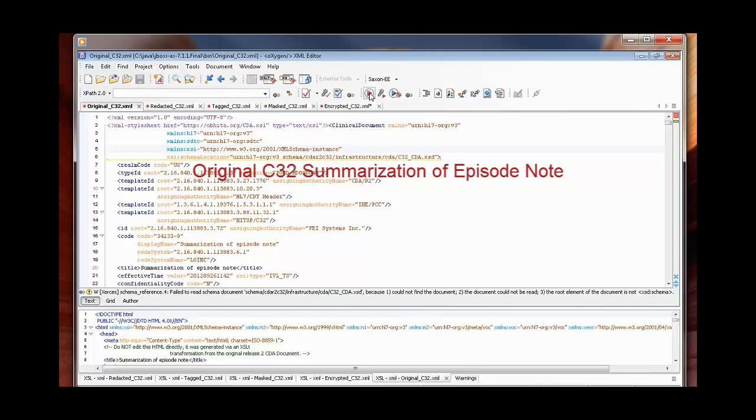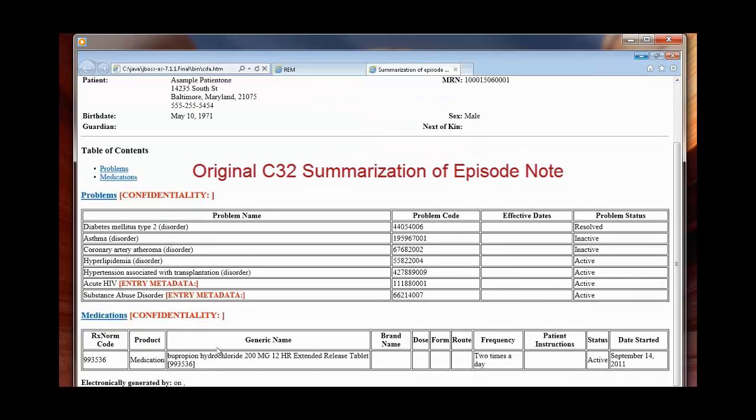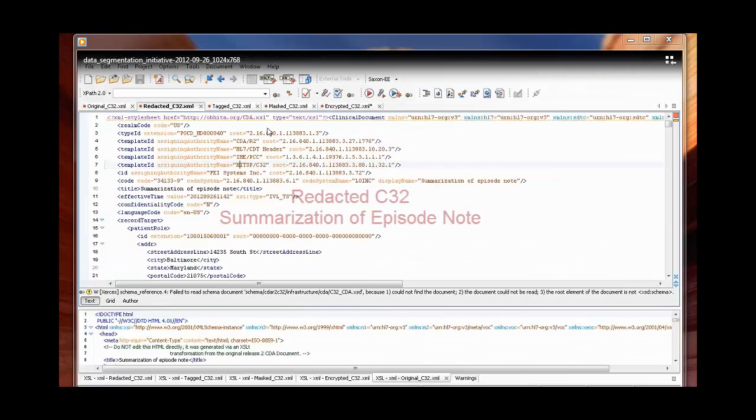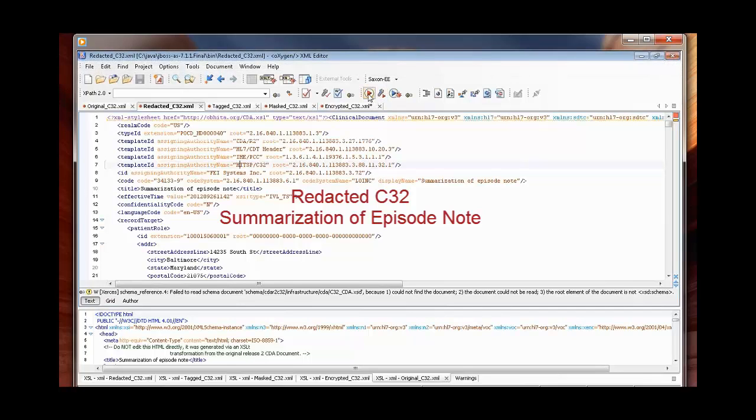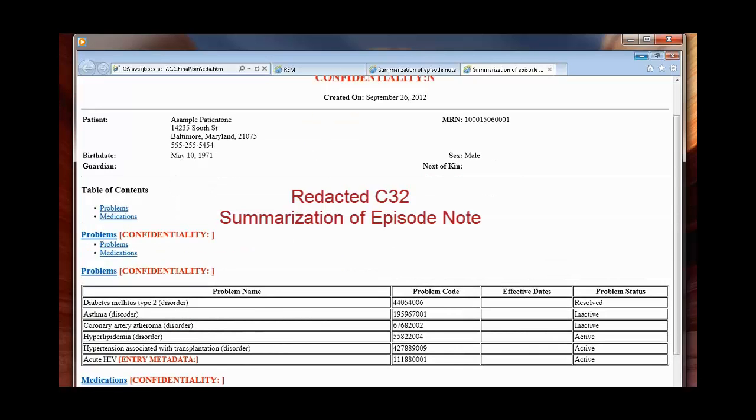Document transformation. First, the original C32 is decomposed into clinical facts and sent to the rules engine. Observations requiring removal are redacted. Note that the substance abuse and mental health related information has been removed.